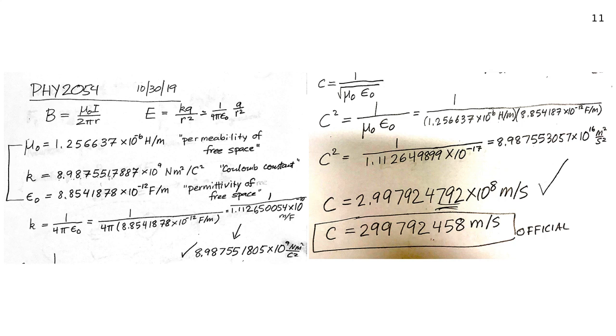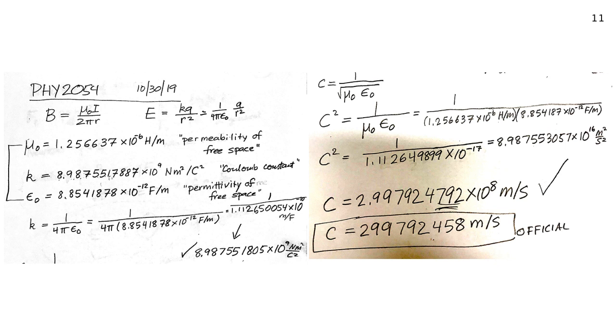The reason that I calculated that stuff is just so that when you see these constants floating around, mu naught and epsilon naught, there's a reason for that. Now, let me ask you a mental IQ test question.